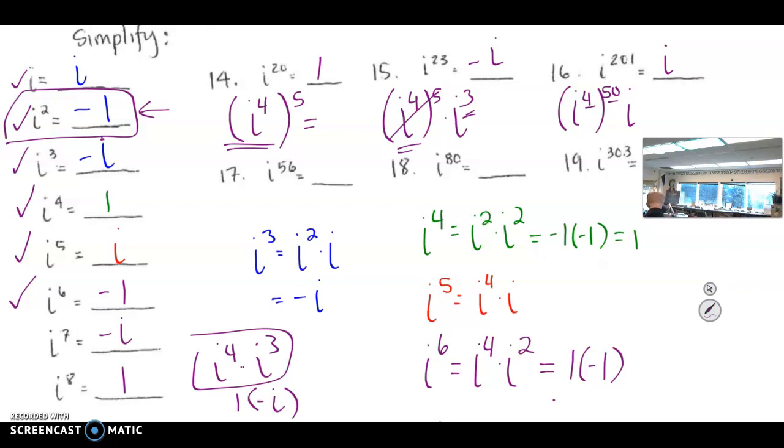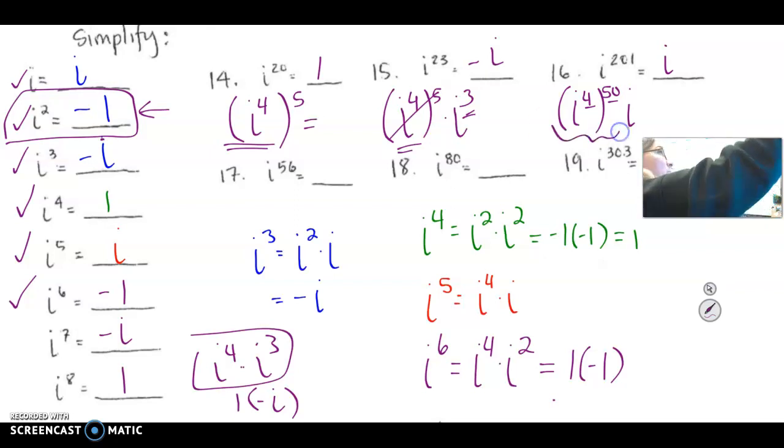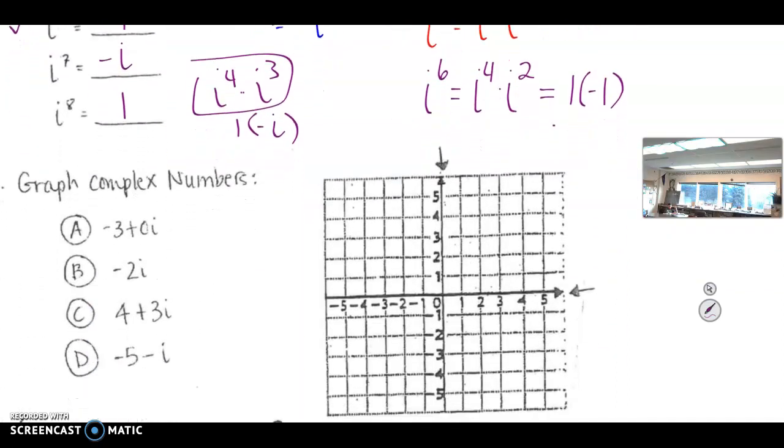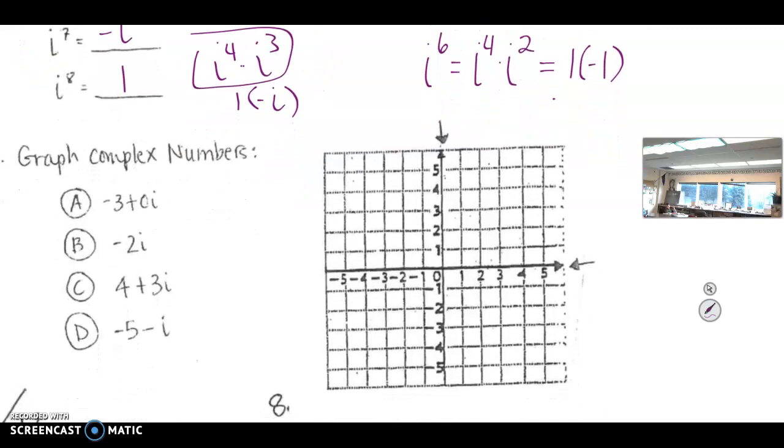Are you following what I'm saying? Okay, so that's i to the 200th right here, but I need to multiply by another i because I need it to be 201. So you guys do 17, 18, 19, and then we'll go over how to graph complex numbers.